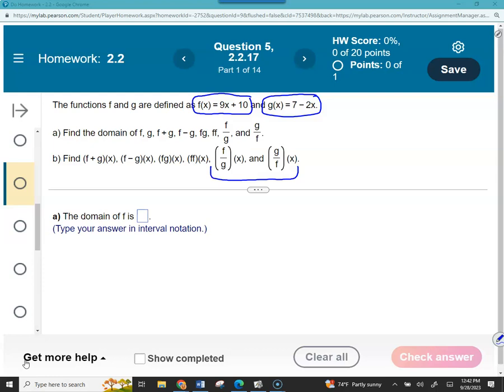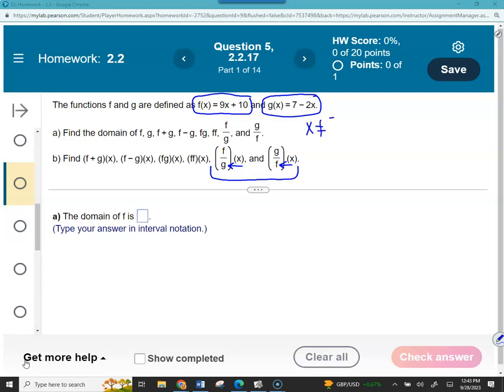Because when you create a fraction is when you run into the rule in math where you can't have a 0 in the bottom. So here you'll have to pay attention to what would make function g 0 in the bottom, and what would make function f 0 in the bottom. Looking at it real quick, that'd be -7 divided by -2.